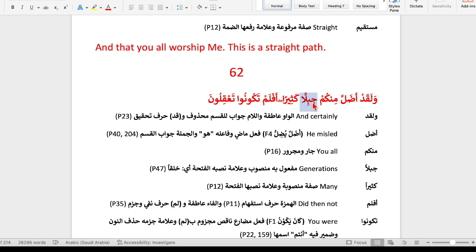Yeah, so jibillan kasiran. You see here the fatha sign after the verb, that means it is mansoob, it is maf'ul, and maf'ul are mansoob. So jibillan is maf'ul bihi mansoob wa lamatu nasbuhu al fatha. The fatha sign on the top, you see, means it is maf'ul bihi, which means like khalqan. So jibillan is like khalqan, generations.